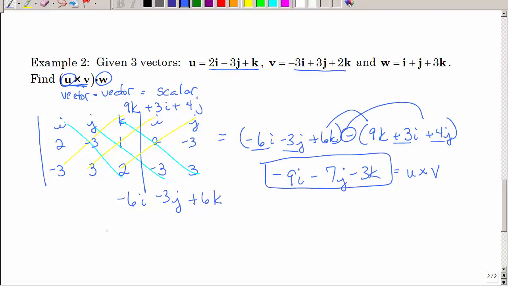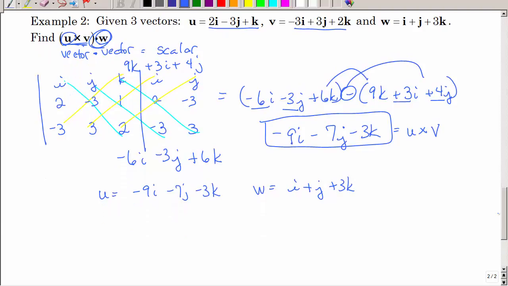All right, so we have u, which is negative 9i minus 7j minus 3k, and I want to now dot it with w. So now we have to remember how to find the dot product. And I'm sorry, this is not u, this is u cross v. That's what that equals to. So I want to dot those two vectors. So u cross v dotted with w, the dot product.